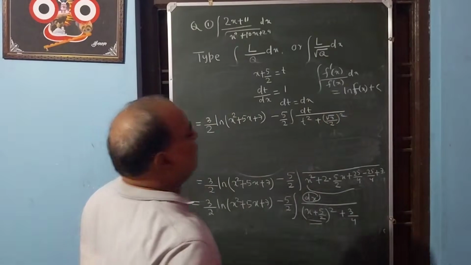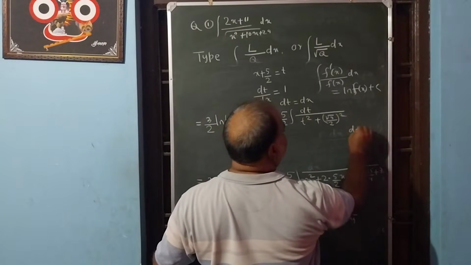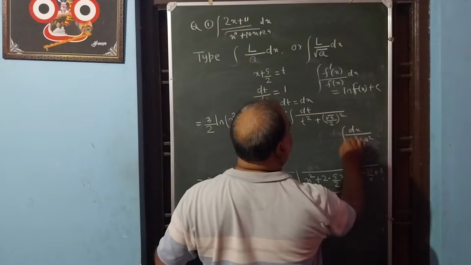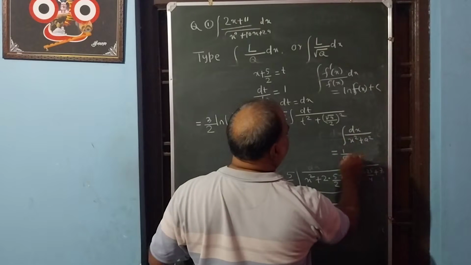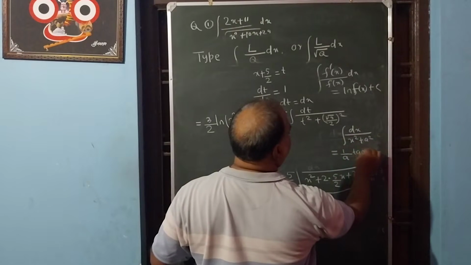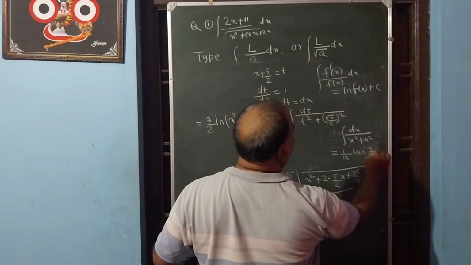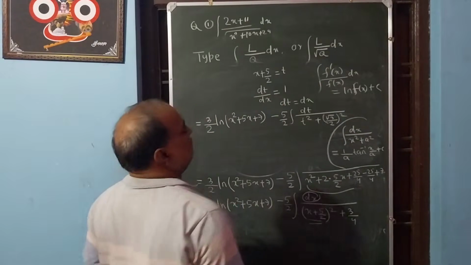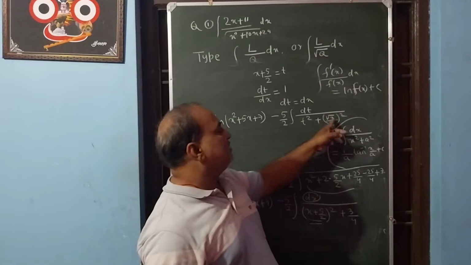What is the formula applied here? Now we know that integration of dx by x square plus a square is 1 by a tan inverse x by a plus c. We know this is one formula. Here in place of x it is t square plus a square.